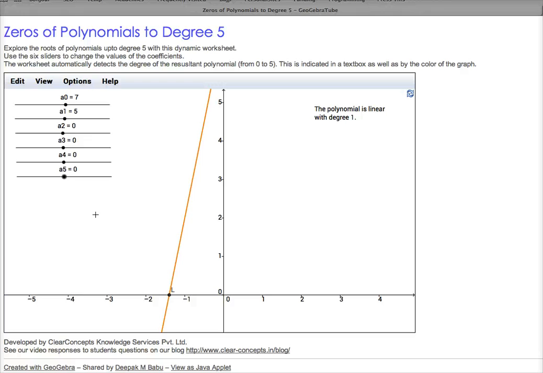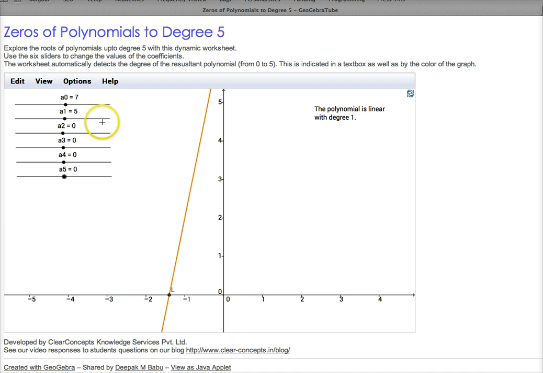I have set a1 to 5 because that is the coefficient of x raised to power 1. I have set a2 to 0 because that is the coefficient of x squared, a3 to 0, that's the coefficient of x cubed, and so on and so forth, because my expression is simply 5x plus 7. Do you realize where I get all these values from? Why my slider settings are where they are? Is this clear?